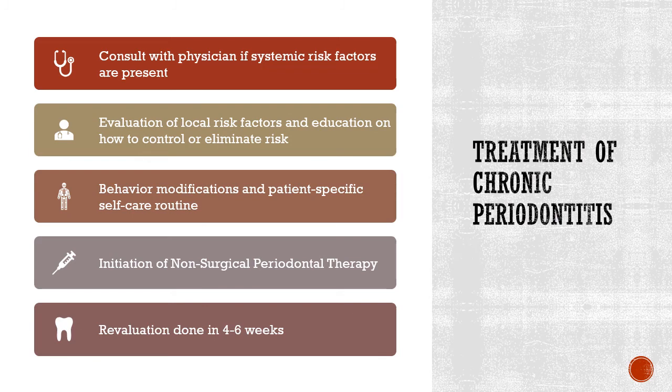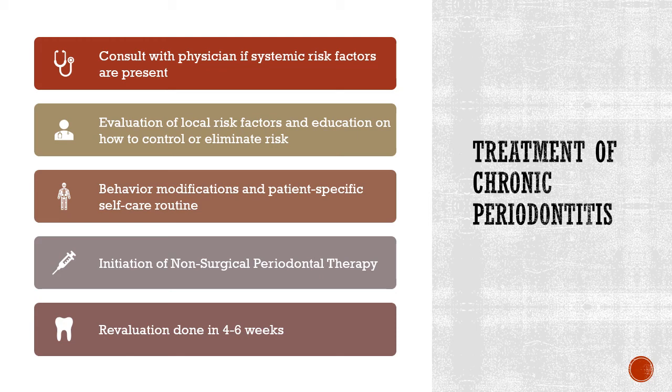Treatment of chronic periodontitis. It is important that the patient consult with the physician if any systemic risk factors are present. We'll also do an evaluation of any local risk factors and educate the patient on how to control or eliminate these risks. Behavior modification and a patient-specific self-care routine are also established.